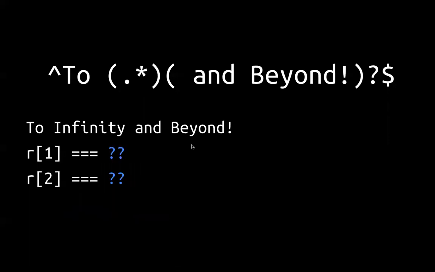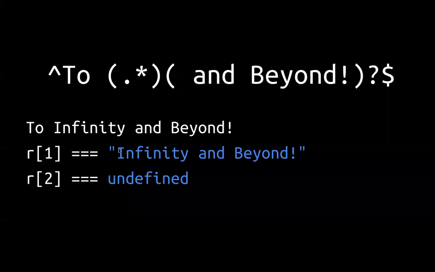So the problem here is not that the regular expression will match, but what shows up in each of these capture groups is a little unexpected. What actually happens is that my first capture group matches infinity and beyond. And this second capture group, there's nothing.